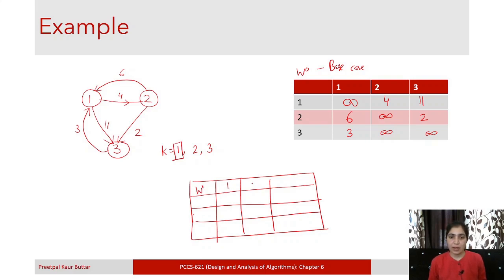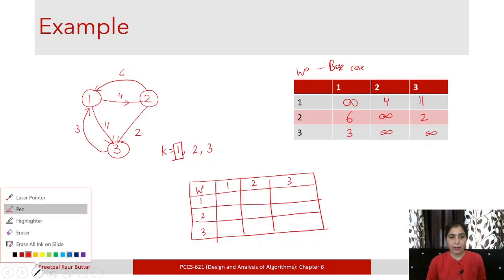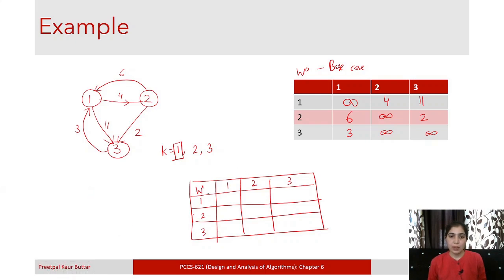And these are the vertices 1, 2, 3. So W1 of 1, 1, and K here is also 1. This is I, this is J, and this is K, right?